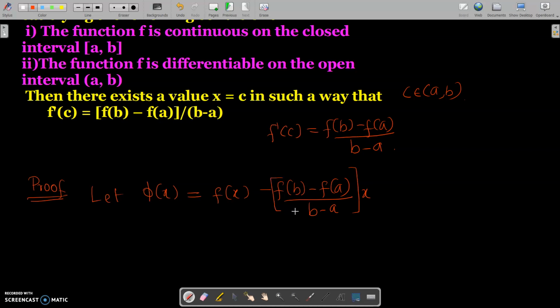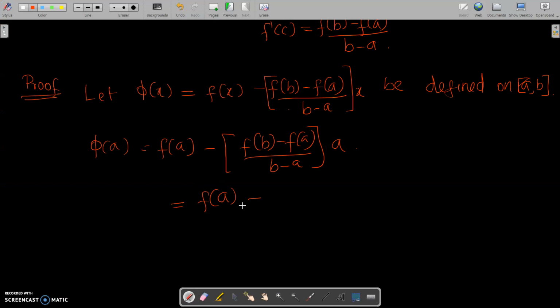Phi is defined on the closed interval [a, b]. And phi of a is equal to f(a) minus a f(b) plus a f(a) divided by b minus a.